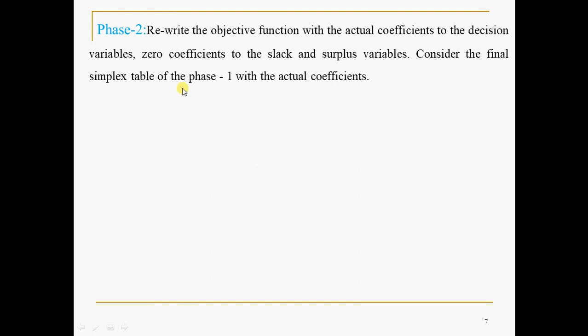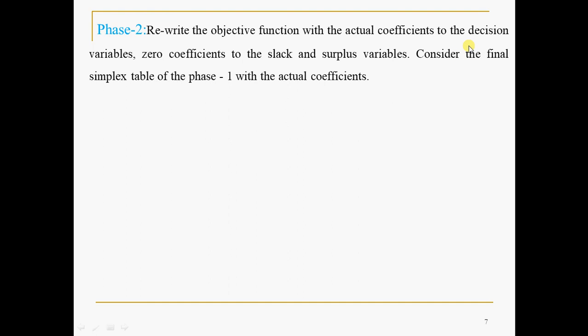Now coming to the second pace, you have to rewrite the objective function with the actual coefficients. See, that was like a virtual or auxiliary LPP. Pace 1 was the virtual or auxiliary LPP. Now we are supposed to rewrite the objective function with actual coefficients for the decision variables, and 0 coefficients for the slack variables and surplus variables.